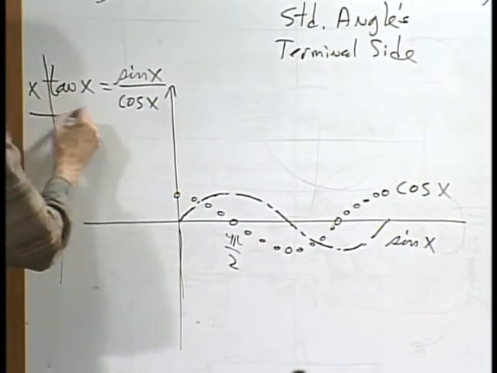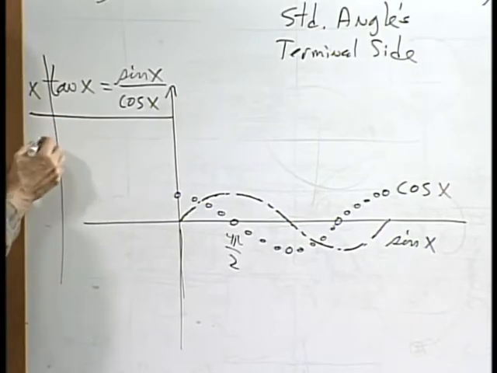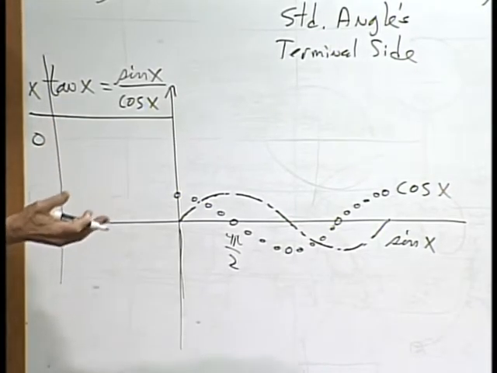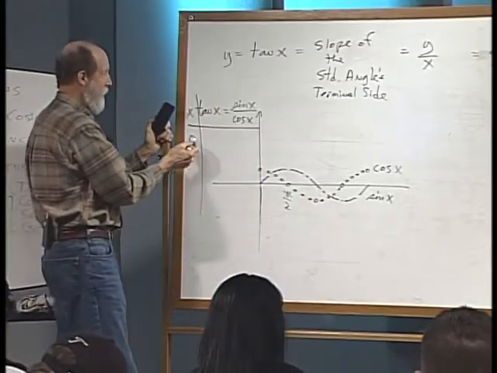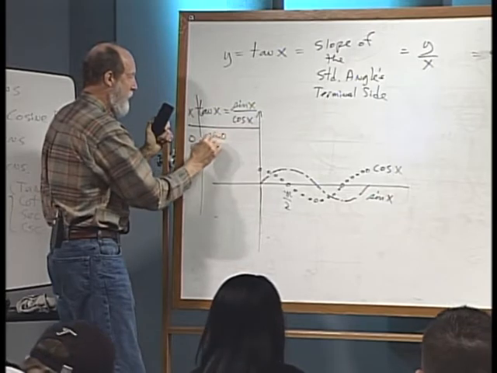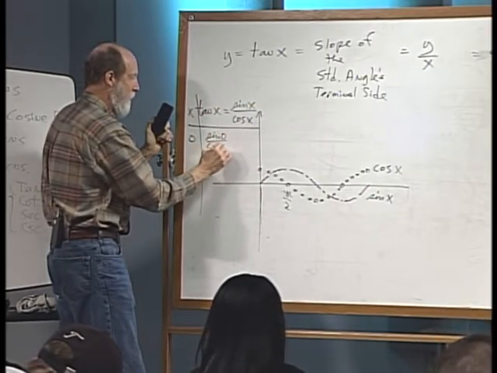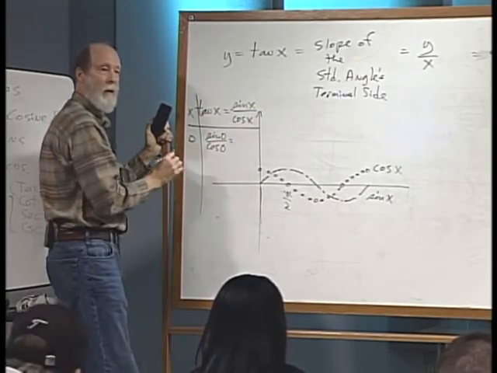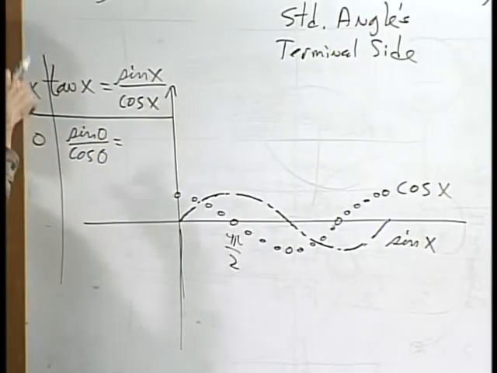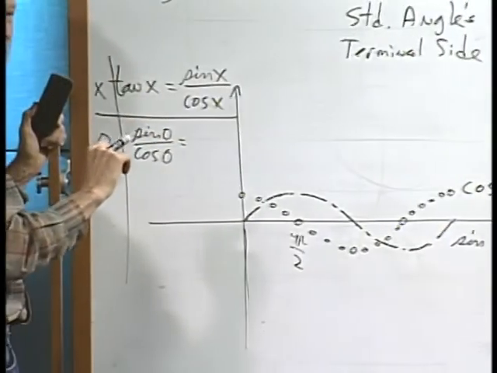So if I pick values for x, like 0, and let's use radians just for the practice, 0 radians, then I have the sine of 0 radians over the cosine of 0 radians. You have to have your unit circle. You have to be good with it.